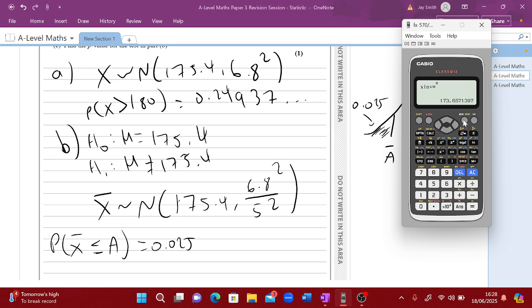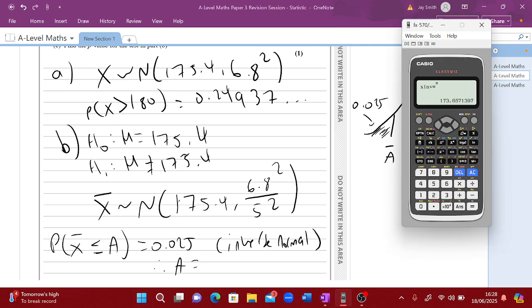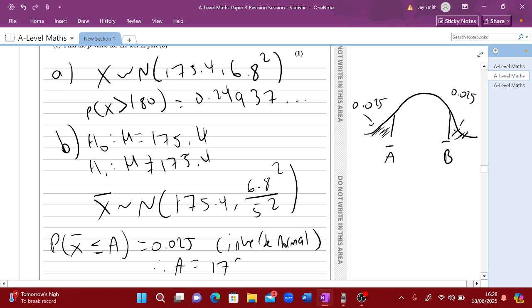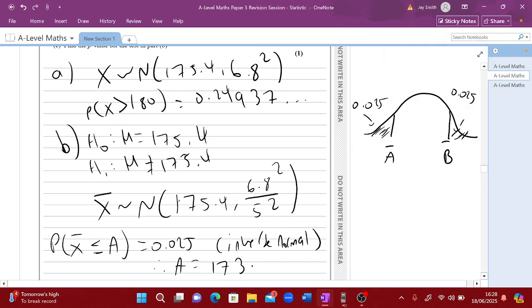So using inverse normal, A is going to be 173.66 to 2 dp, and that is your critical region at the lower tail.